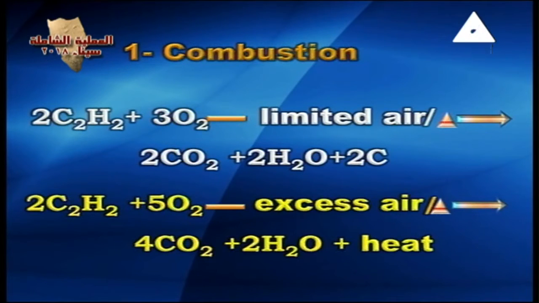While on combustion of acetylene gas in excess air, excess oxygen gas, 2C2H2 plus 5O2 gives 4CO2 and 2H2O and a large amount of heat, 3000 degrees, which is used for welding and cutting metals.